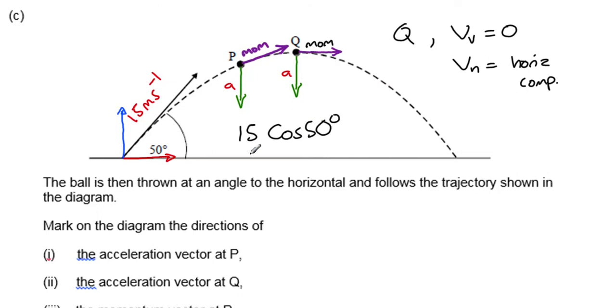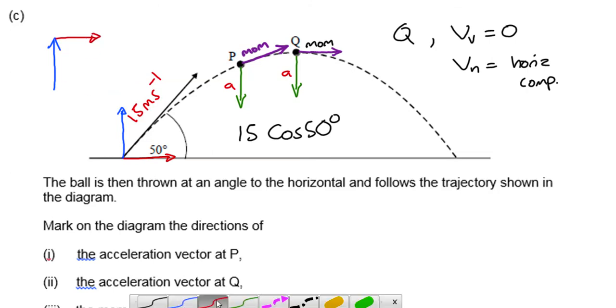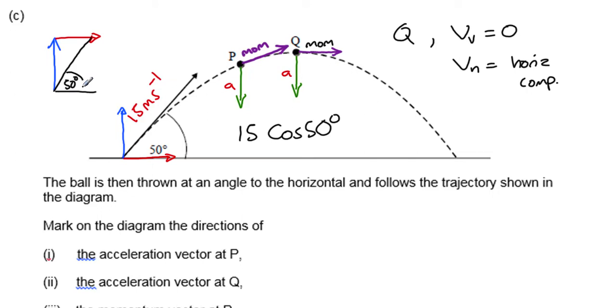You can work it out as a triangle if you like, because looking at the diagram, if you've got that as your vertical component and you've got that as your horizontal component, then the angle between those two, well, that angle there is 50 degrees. So you want the amount of that vertical component.